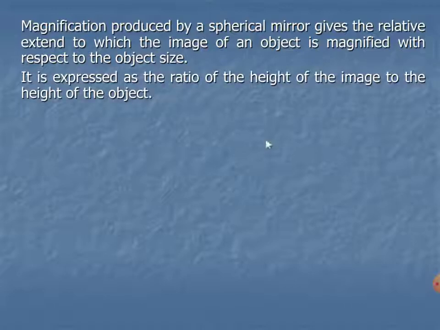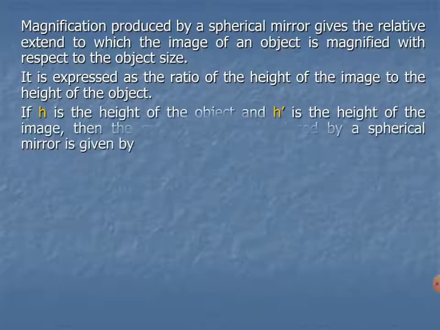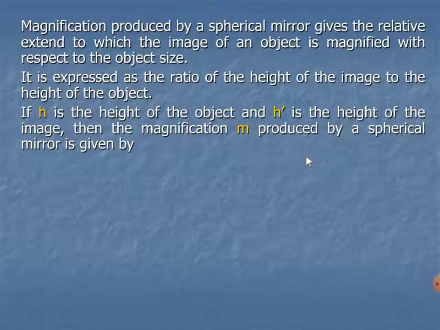Size here may also mean height. Got it? So it is expressed as a ratio of height of the image to the height of the object, or in some textbook you may find size of the image to the size of the object. It can also be expressed as the image distance to the object distance, right?